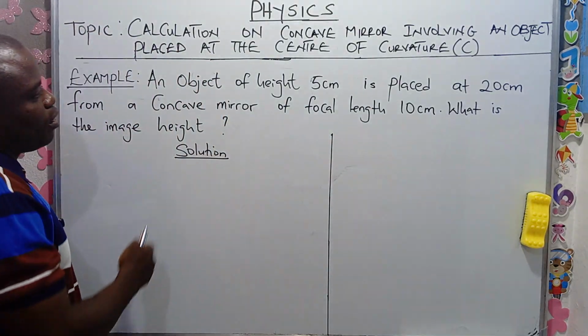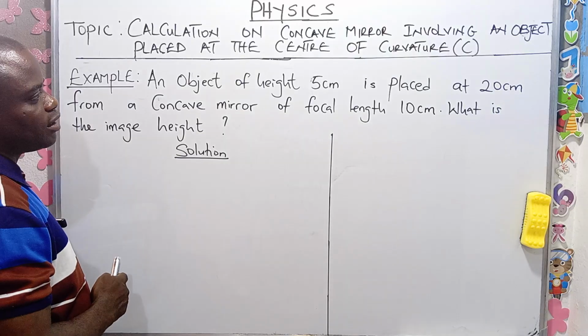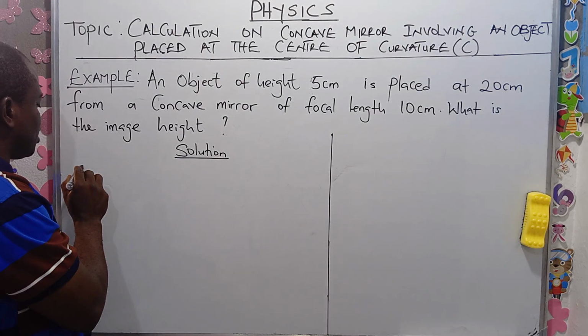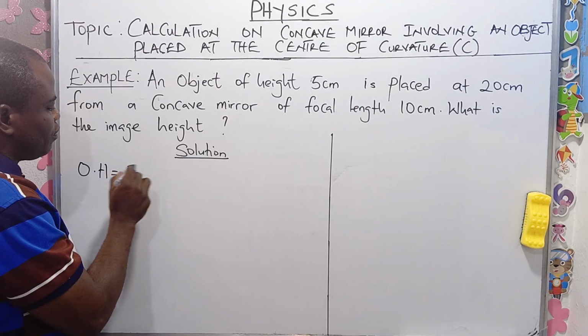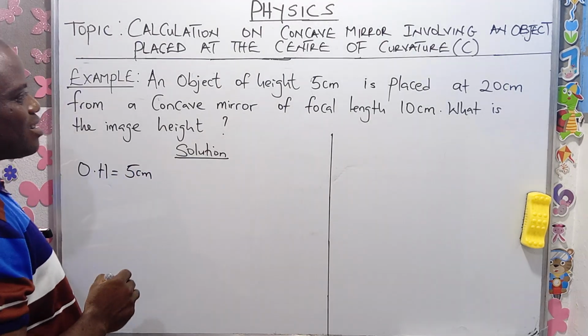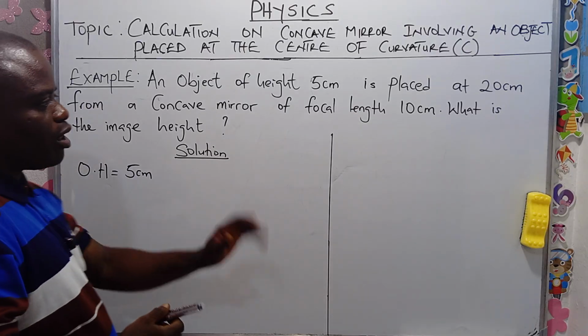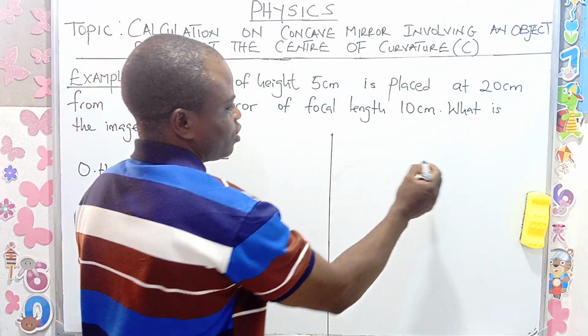Okay, let's go. An object of height 5 centimeter, that is object height. Let's use OH. First, let's write the parameter: OH equals 5 centimeter. Is placed at 20 centimeter from a concave mirror. Here's the concave mirror.